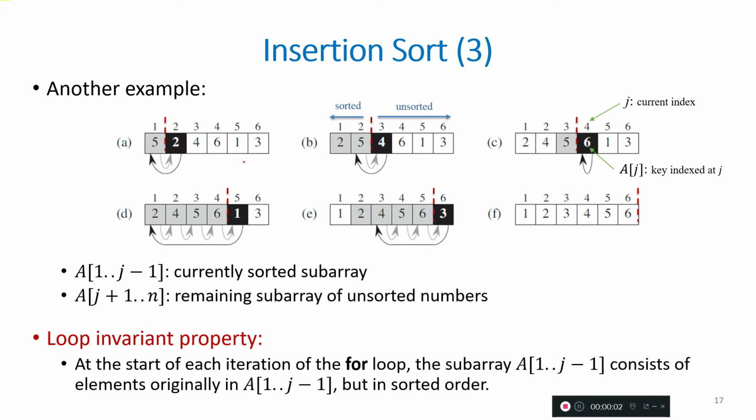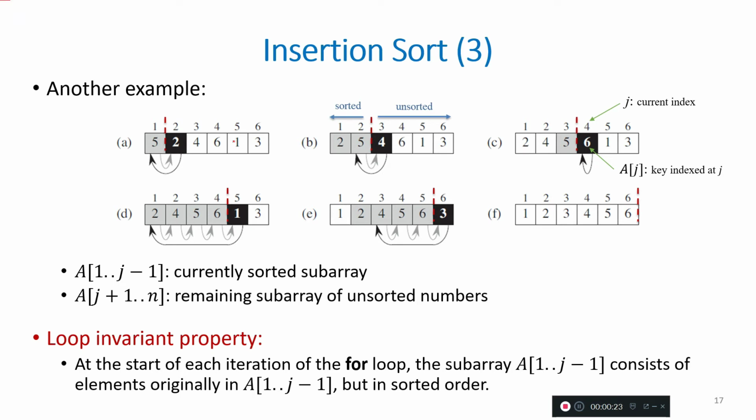This is a graphical explanation of another example where insertion sort is used. We have this array where the numbers above these boxes indicate the index of these houses, and the numbers inside the boxes are the values held in each house.